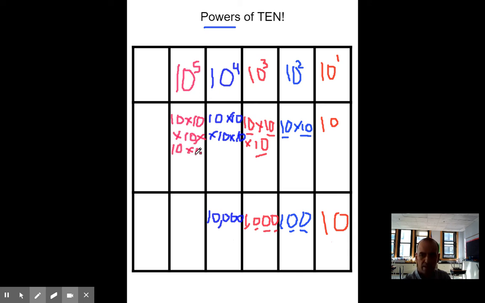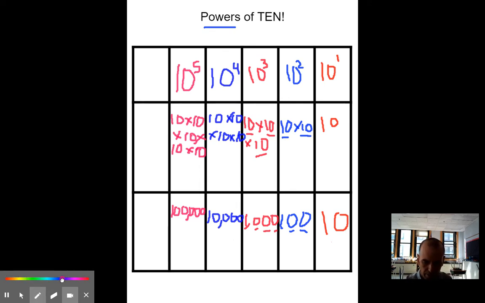Times 10, there's 5 tens. So how many zeros? 5 zeros. Put our comma there. So 10 to the 5th is 5 tens. 10 times 10 times 10 times 10 times 10 is 100,000 because there's 5 zeros.